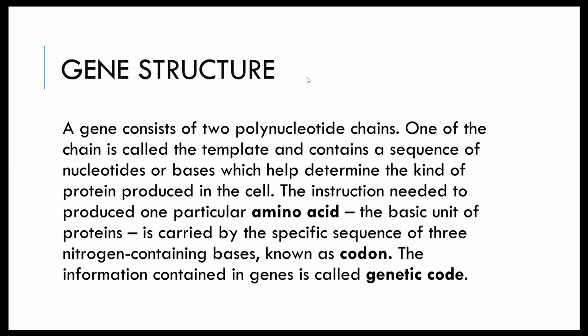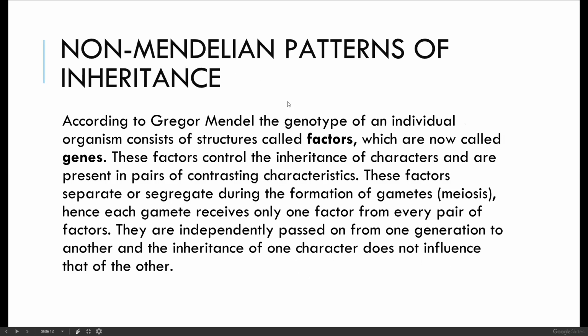Yes, sir. The non-Mendelian pattern of inheritance: according to Gregor Mendel, the genotype of an individual organism consists of structures called factors, which are now called genes. These factors control the inheritance of characters that are present in pairs of contrasting characters.